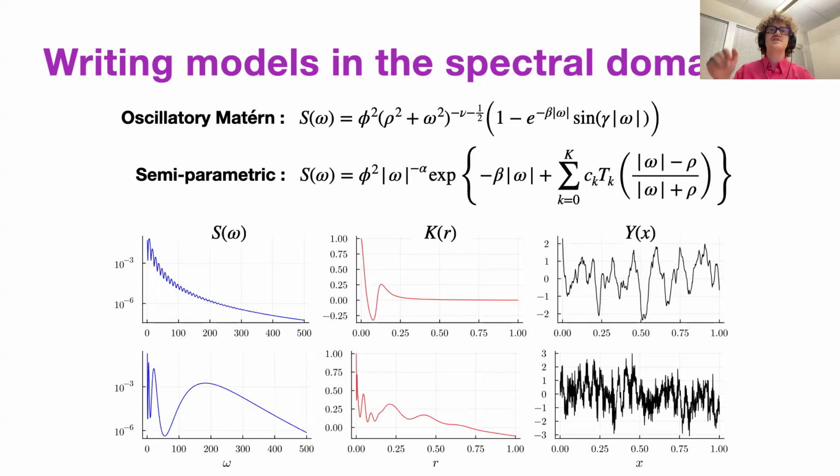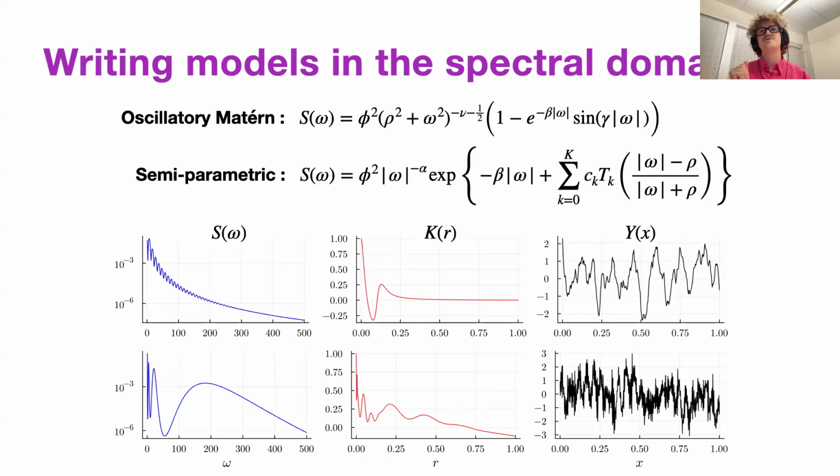What that oscillation induces in the kernel, which you can see in the first row of plots below, is that the corresponding covariance function has negative correlations at small length scales, which encourages this sort of oscillatory behavior. And if you look in the third column at this sample, you see that oscillatory behavior in samples of the process. So if you have data where you think this is a meaningful attribute, then you can write models that actually capture that type of behavior.